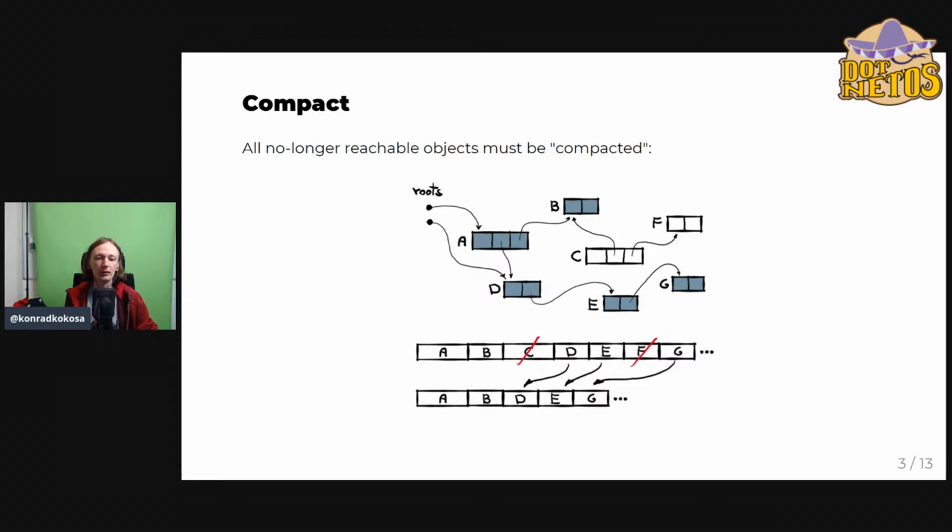Then we will be moving object by object, conceptually at least, overwriting the memory of the objects that are no longer needed with the objects that are still reachable. So conceptually it looks like that.